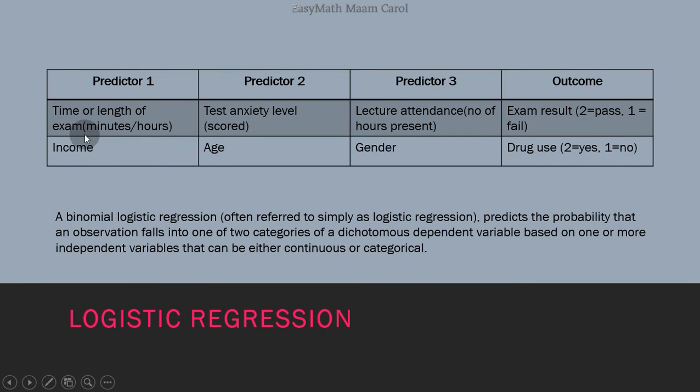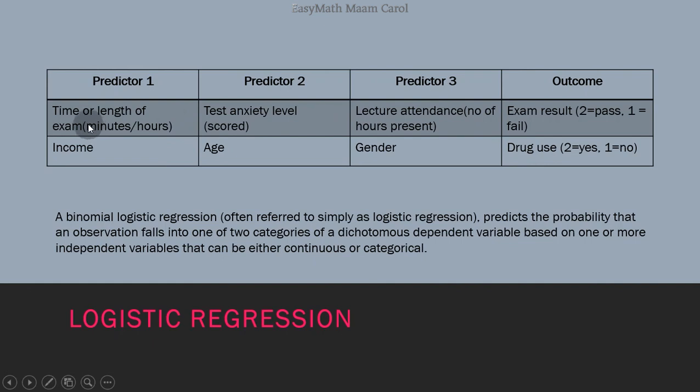For example, is there a relationship between the level of your test anxiety and the number of hours you're present in a lecture, lecture attendance, and then your exam result would be you pass or you fail. Is there a relationship with these three predictors?